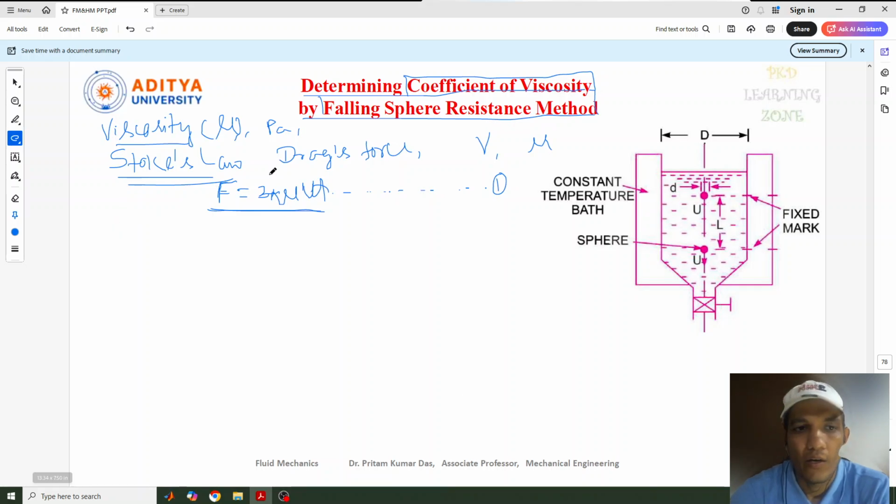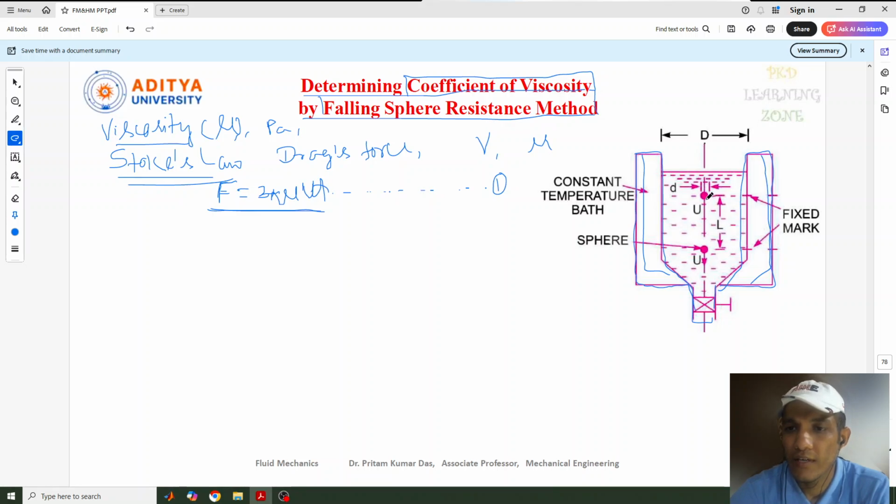First let's see how we can determine this coefficient of viscosity in this experimental setup. This is the experimental setup we have to consider, and this outer part is a constant temperature bath. The setup is made in such a way that the temperature remains constant inside this container, so that the temperature of the fluid present here does not change with time.